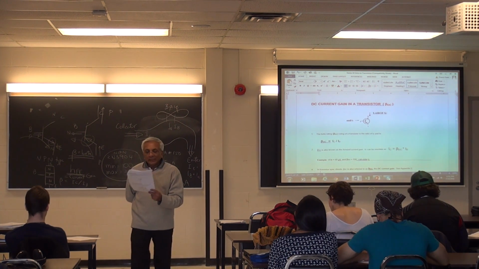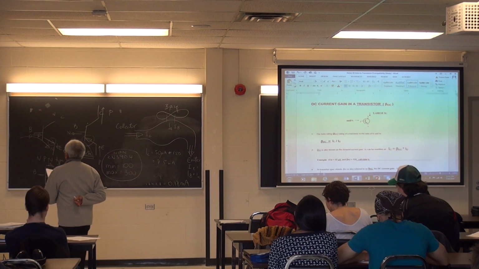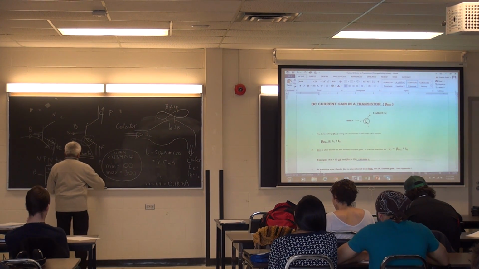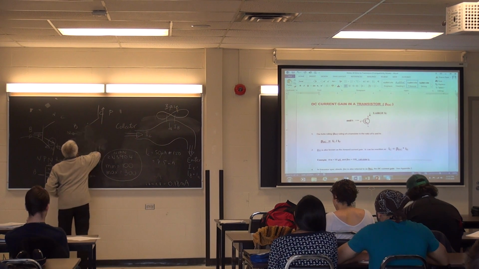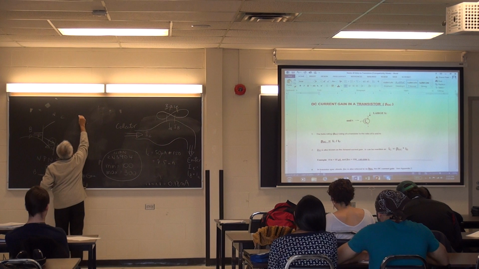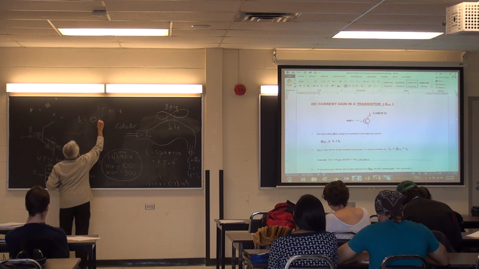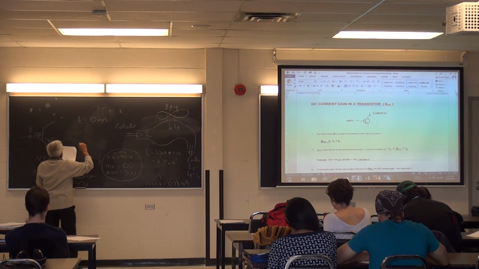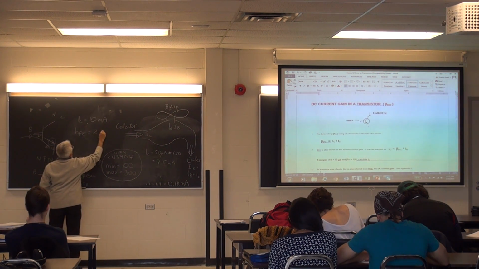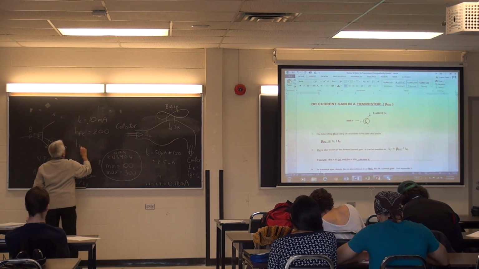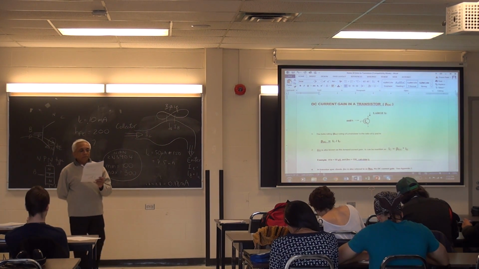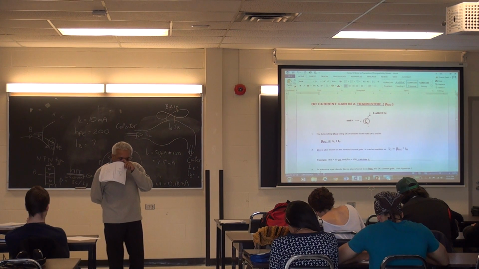So let's do the second example. IB is unknown. IC is 10 milliamps. Beta, HFE is 200. How much is IB? IC is 10 milliamps.